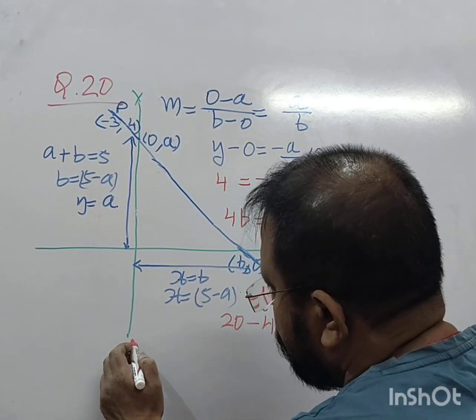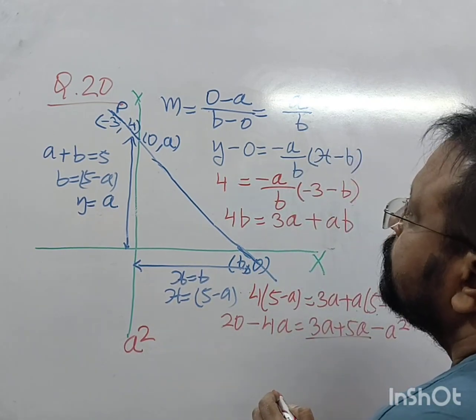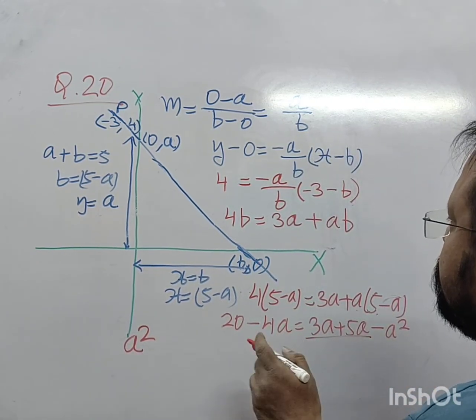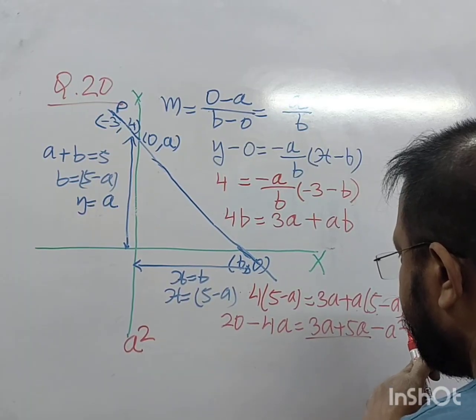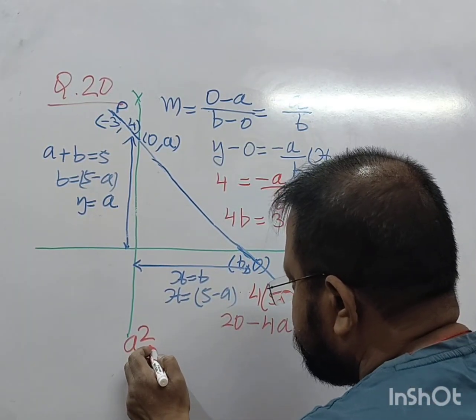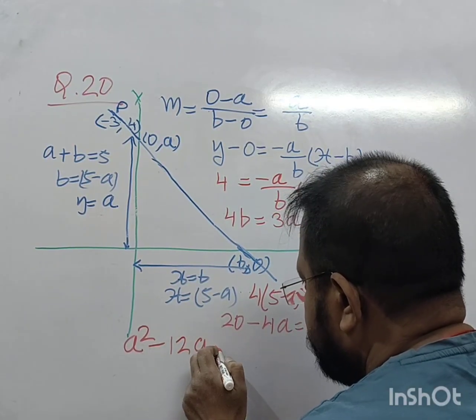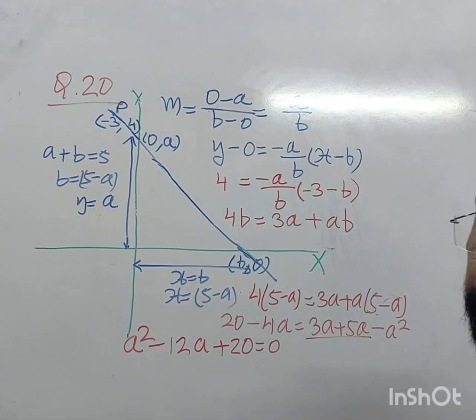This is a square, you know, a square minus 12a plus 20 is equal to 0.